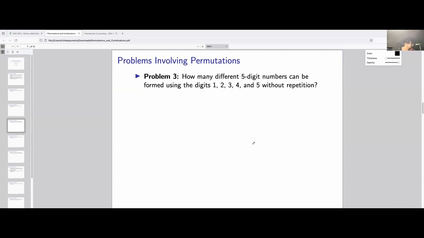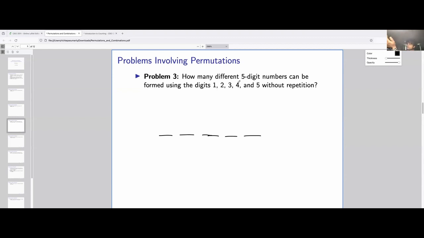Next one, problem 3. How many different 5-digit numbers can be formed using these 5 digits without repetition? So I have 5 different places.